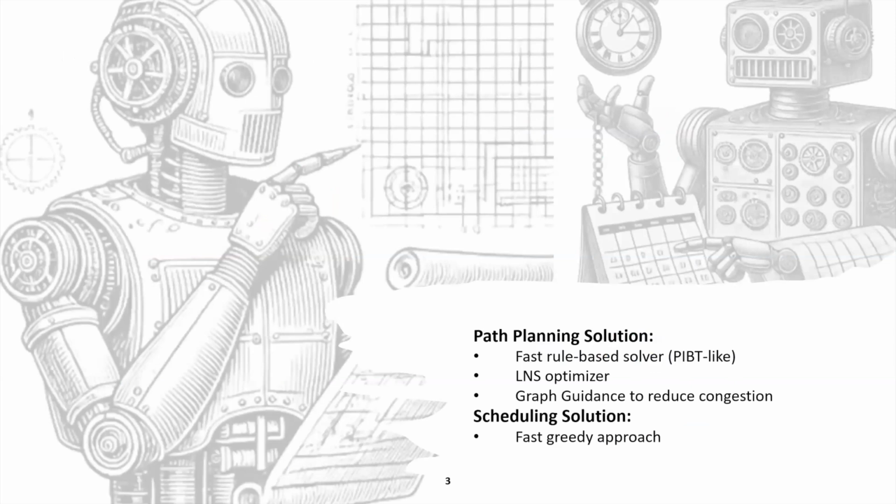And our solution is actually quite repeating the solution that was made a year ago, called PIBT. We also use a fast rule-based solver to find an initial solution within milliseconds. We also use a large neighborhood search optimizer to efficiently use the provided computational resources, to use all the time that we have.